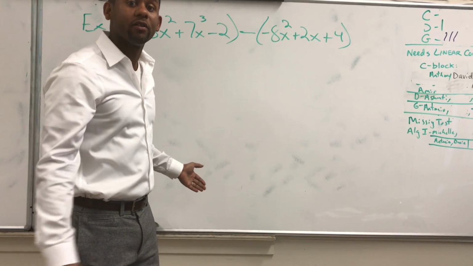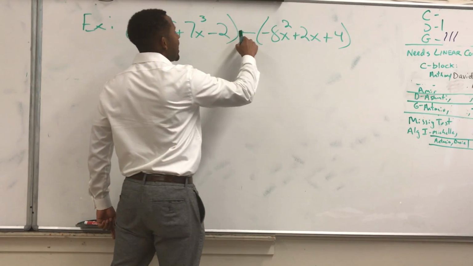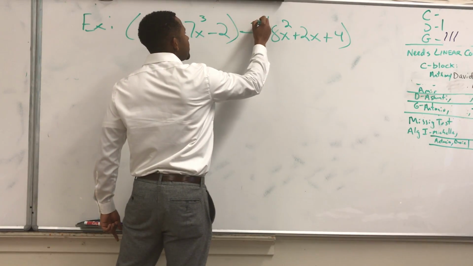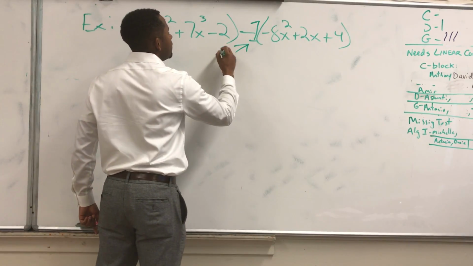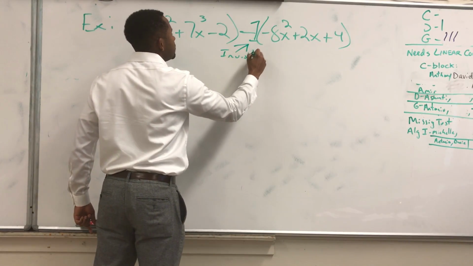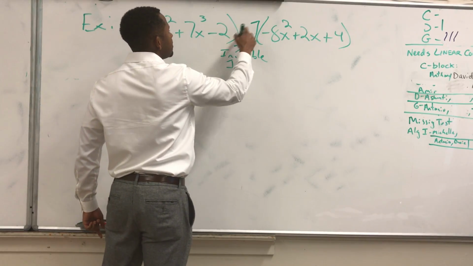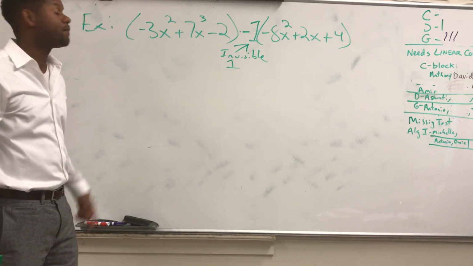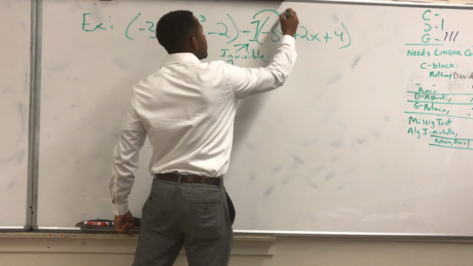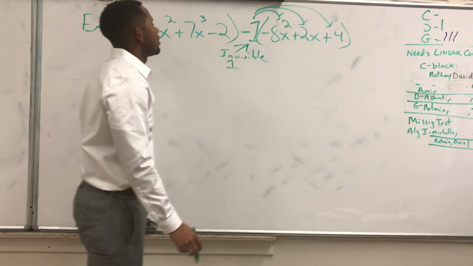This is subtracting polynomials. So what we are going to do is, at this subtraction sign, there's actually an invisible 1 right here, and it's minus, so that's really an invisible -1. All right, we're going to put that there.